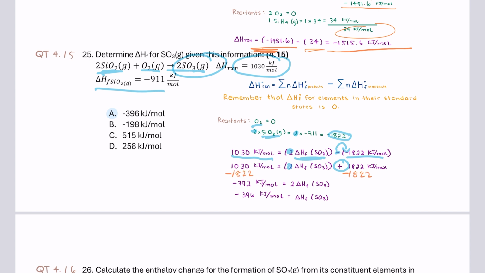That gets us that negative 792 kilojoules per mole is equal to 2 times the change in standard enthalpy of formation for sulfur trioxide gas. Finally, we're going to divide both sides by 2 to get our final answer. Here we get that the change in standard enthalpy of formation for sulfur trioxide gas is negative 396 kilojoules per mole, which corresponds to answer choice A.